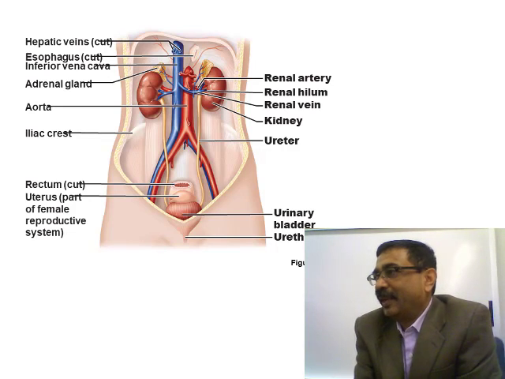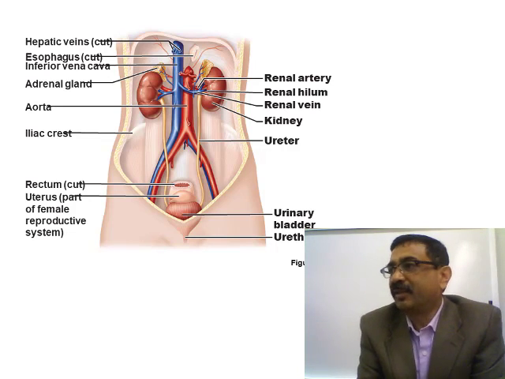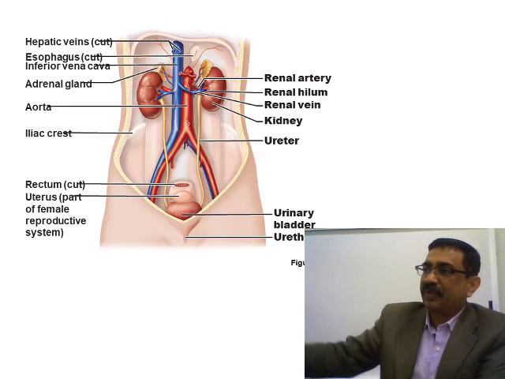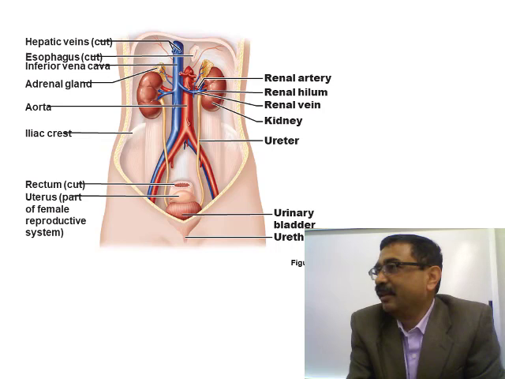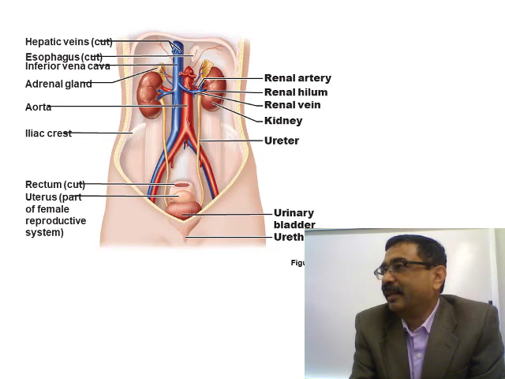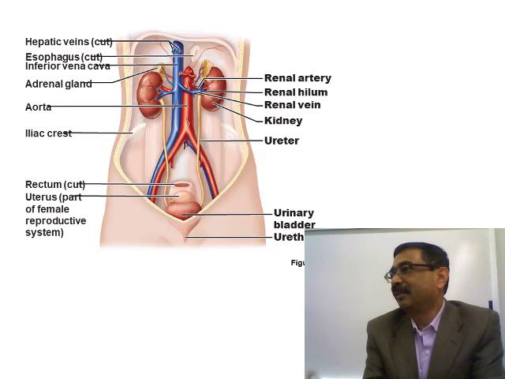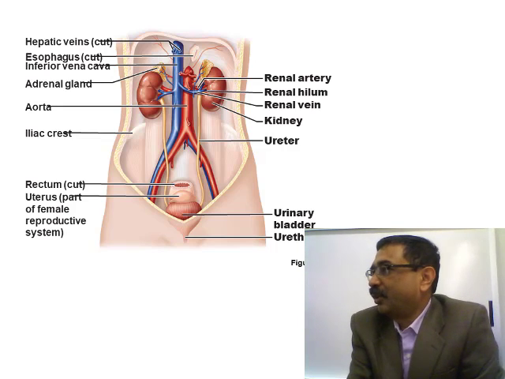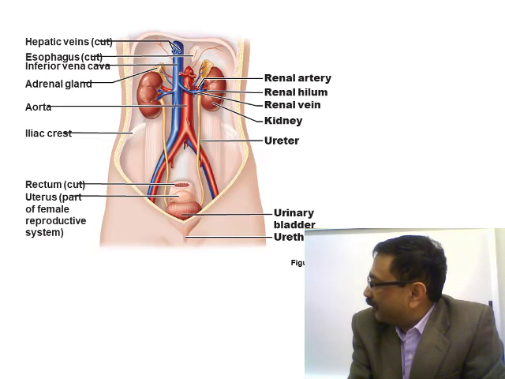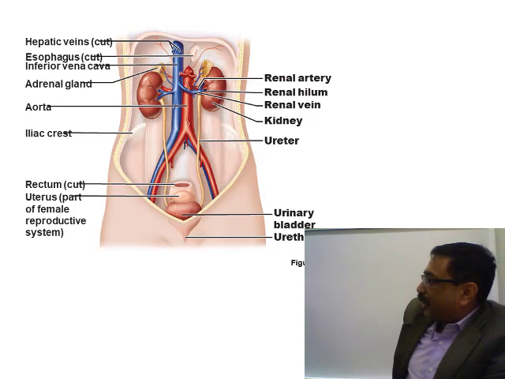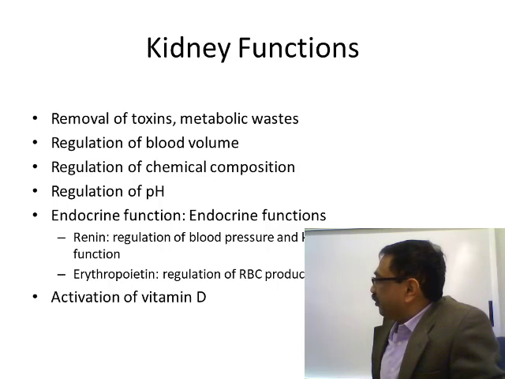So as I have mentioned already, your blood is continuously circulating inside the kidney, and kidney is continuously filtering and separating the toxic chemicals, and water also is taken out from the blood, and water and toxic chemicals together form the urine.